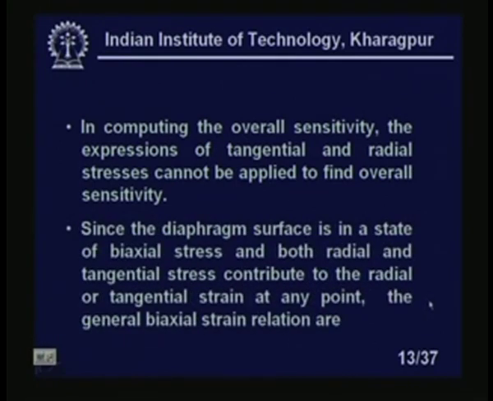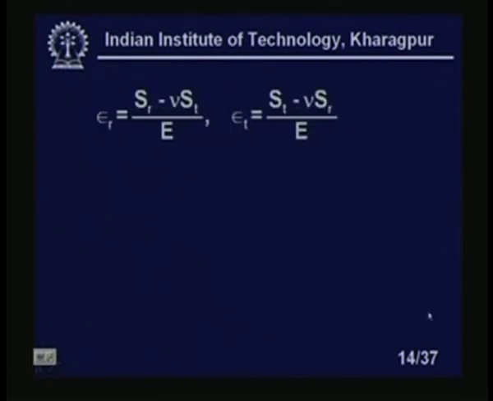Since the diaphragm surface is in a state of biaxial stress, and both the radial and tangential stress contribute to the radial or tangential strain at any point, the general biaxial strain relations are: epsilon r, which is radial strain, equals (SR minus nu ST) upon E. Similarly, epsilon T, the tangential strain, equals (ST minus nu SR) upon E, where ST is the tangential stress, SR is the radial stress, nu is the Poisson's ratio and E is Young's modulus of elasticity.